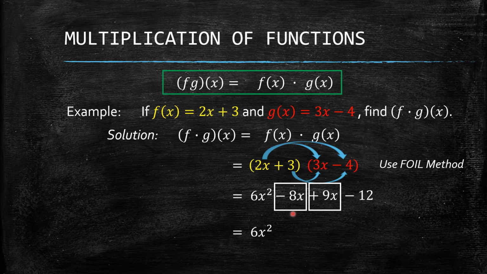And then, these two are similar, so we have negative 8x, positive 9x. The answer is positive 1x or positive x. The constant negative 12 has no similar term, therefore we will just bring down. And we cannot combine these three terms, therefore that will be our final answer.